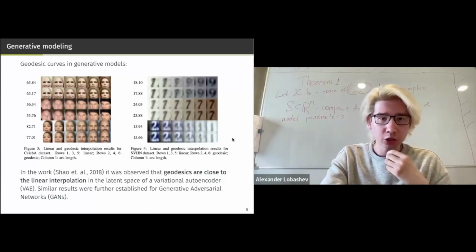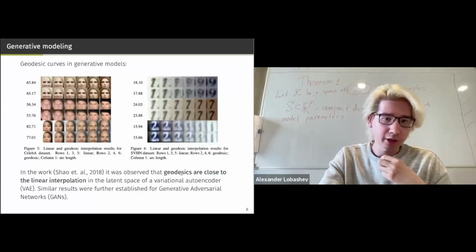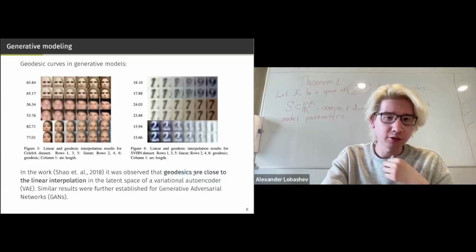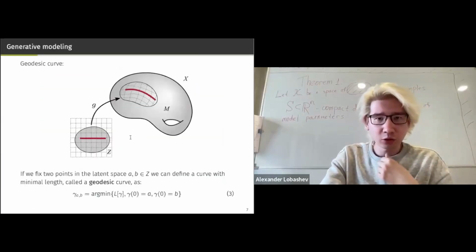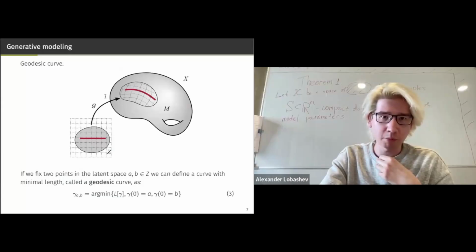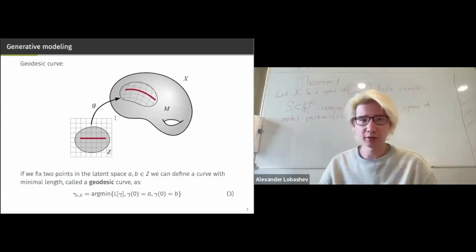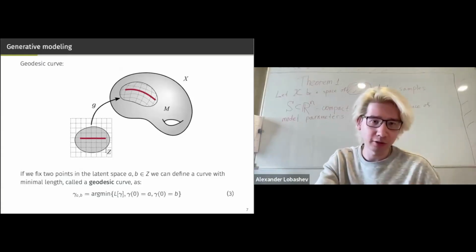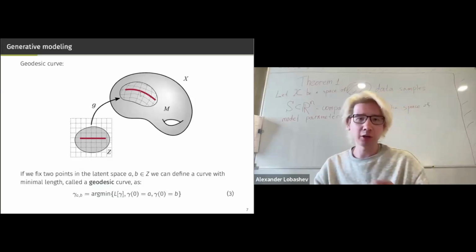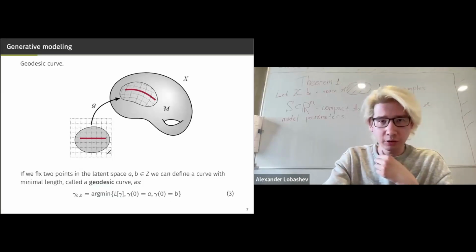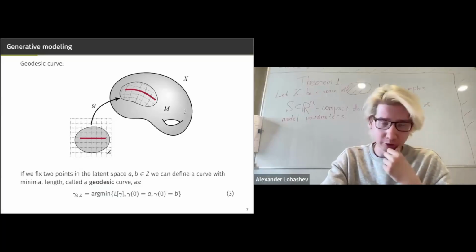So actually, if we have a geodesic and it is a straight line, it means that on this manifold of images we have a notion of covariant derivative, and our parallel transport is trivial. It means that if geodesics are straight lines in this coordinate system, which is given by our latent space, it is the same as having a flat connection on this manifold of images.